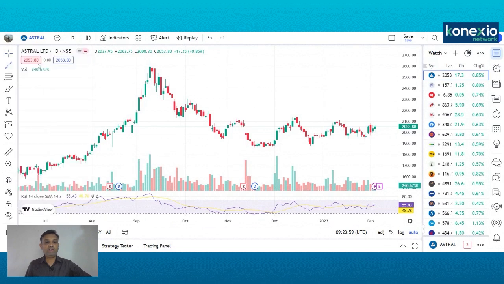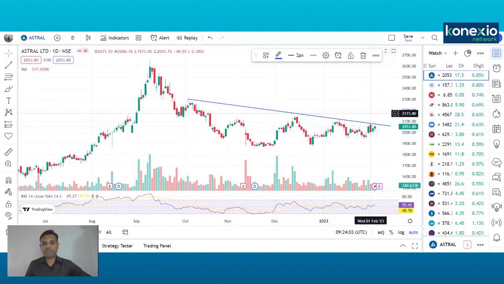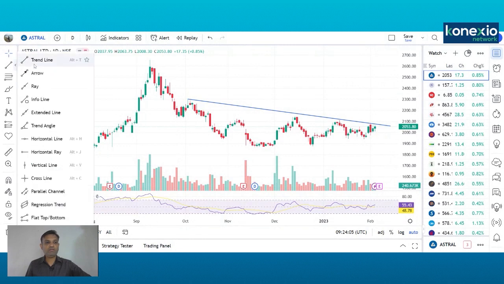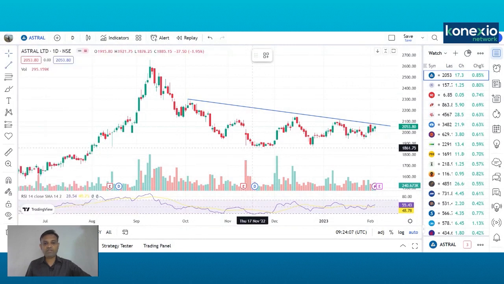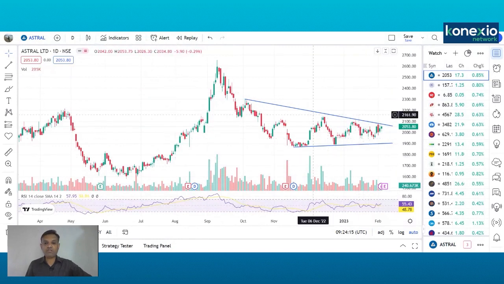Now let me show what kind of pattern has been seen in Astral daily charts. We have seen that Astral has formed a minor triangular pattern. Now here you can see the price volume action. The stock has formed a triangular pattern. It is on the verge of a breakout. You can see rising volumes, but prices not going anywhere.